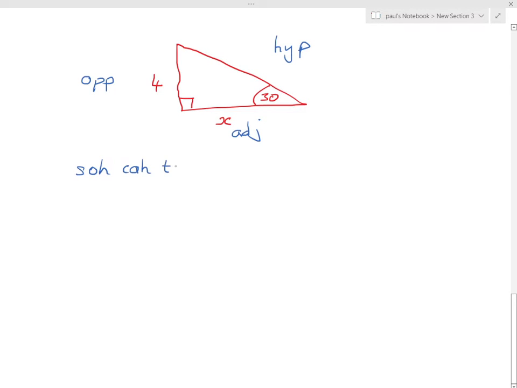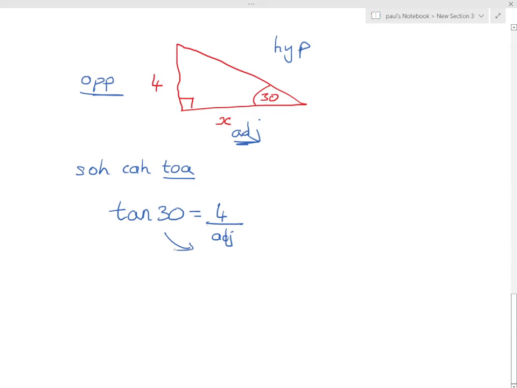So we're going to write SOH CAH TOA. Now we need something with the adjacent and the opposite in it. What we know and what we need. Adjacent and opposite. That's this. So we're going to go tan 30 equals the opposite 4 divided by the adjacent. The adjacent is what we need to find.